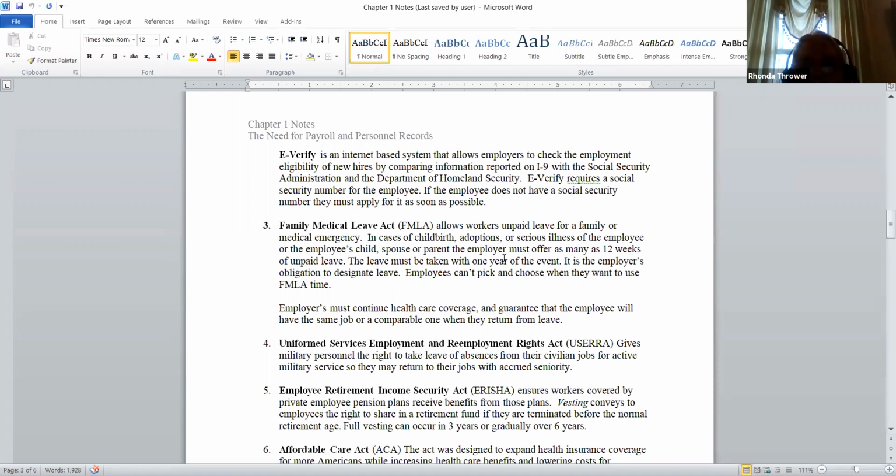Now, in some companies, they will actually pay for the leave, but that's up to the particular companies. But all companies have to adhere to the Family Medical Leave Act. And so if you need leave for a family or medical emergency, you can request that of your employer, and they can offer you as many as 12 weeks of unpaid leave.